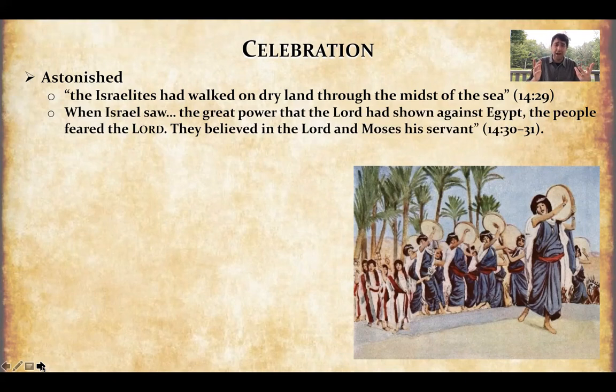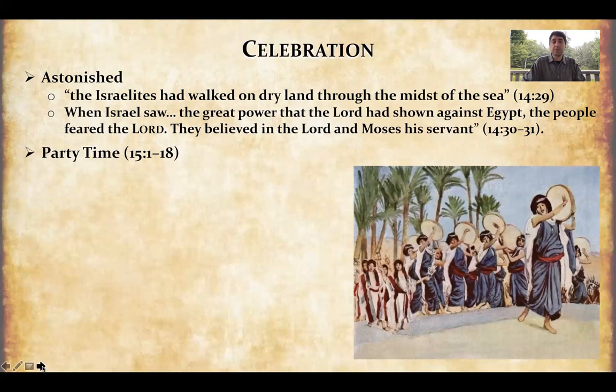Why are we out here to die? Thanks a lot, but no thanks. But after they pass through the sea, there's no dissent left, no doubt or disbelief. They believe that the Lord really did this and that Moses really is his servant. And so they're on the same page now.